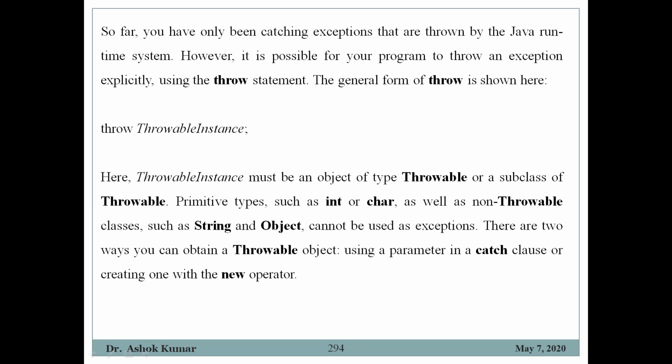One keyword is throw and the other is throws. Earlier, before this slide, we discussed inbuilt exceptions only. We discussed that whenever an exception arises in a Java program, Java creates an object corresponding to the exception and throws it.